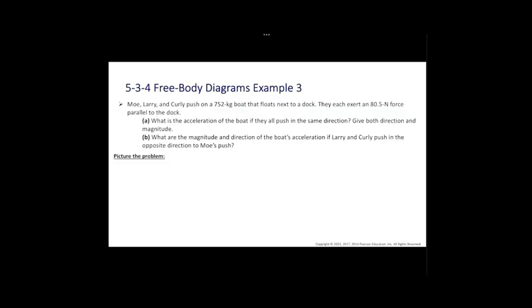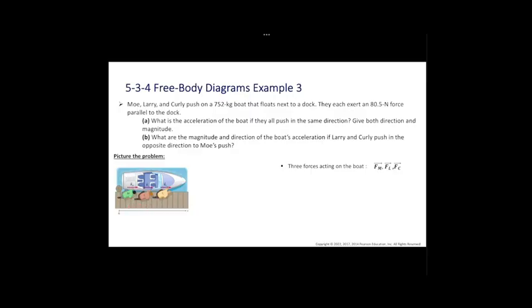First of all, let's picture the problem and identify the forces acting on it. Part A says all of them push the boat in the same direction, so there are three forces acting on the boat. We can name them: let's say the force due to Moe is Fm, the force from Larry is Fl, and the force by Curly is Fc. Now let's choose the positive x direction to the right, thinking that the boat is moving in the x direction.